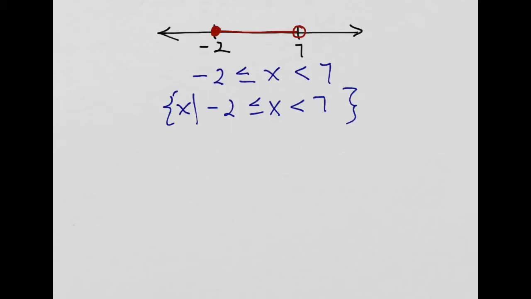In interval notation, we're going to say square bracket because it's a colored in dot, -2, comma, and then round bracket for the 7. That's much shorter than writing it the other way. It means all values between -2 and 7, where -2 is included because you've got the square bracket and 7 is not included because you have the round bracket.